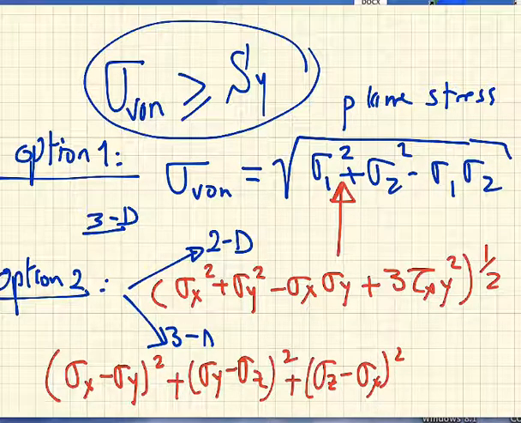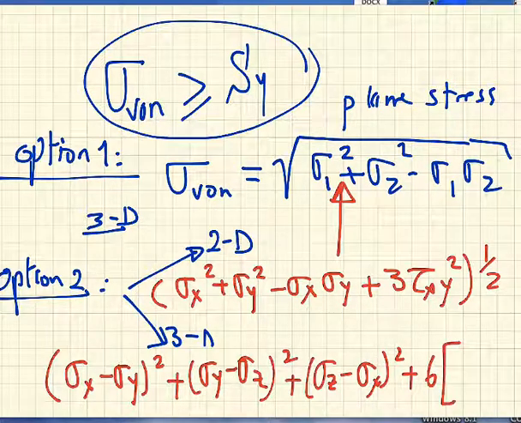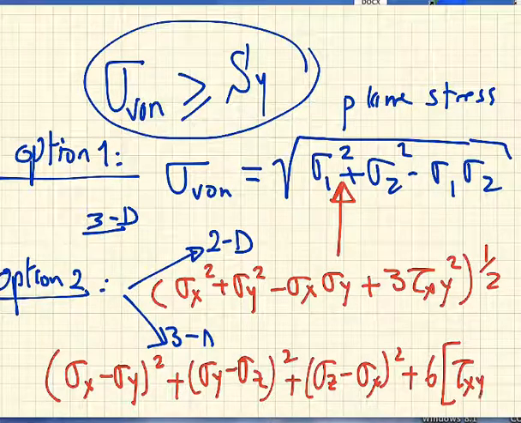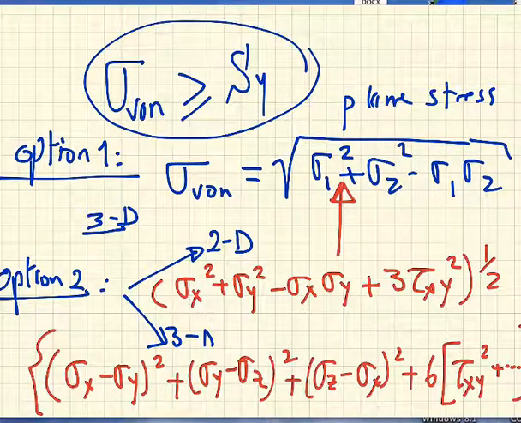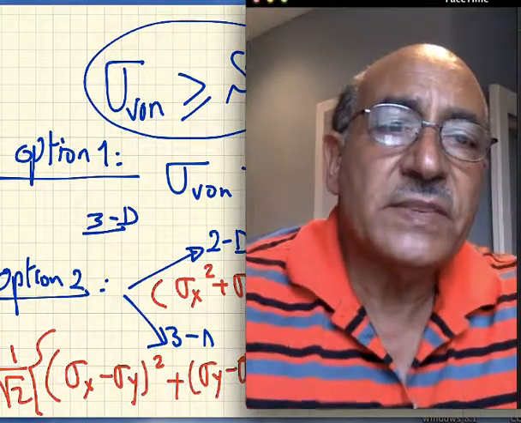In addition to that, I have 6 times the sum of the 3 shear components squared, xy squared and so on. I'm running out of space here, and all of that we take the 1/2 power, and from the outside we have 1 over the square root of 2. So these are the 2 options that we have to consider when we calculate the von Mises stress.